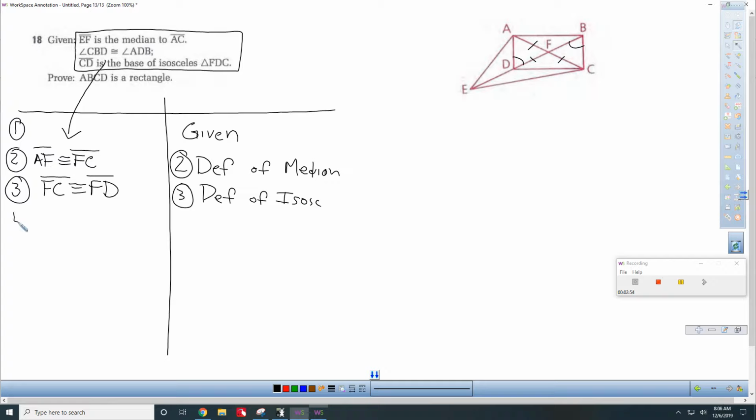Now I'm going to say that angle AFD is congruent to angle BFC. AFD is congruent to BFC. That's vertical angles. All right, let's mark that.